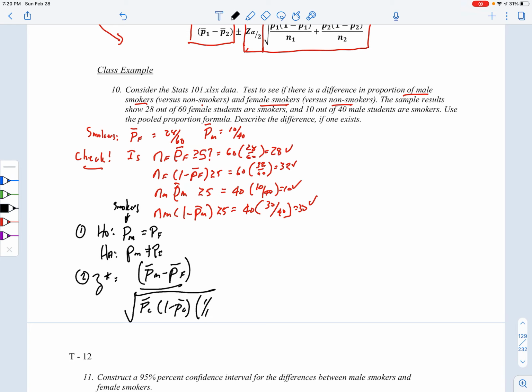And then there's just an adjustment here for the N's. Like that.